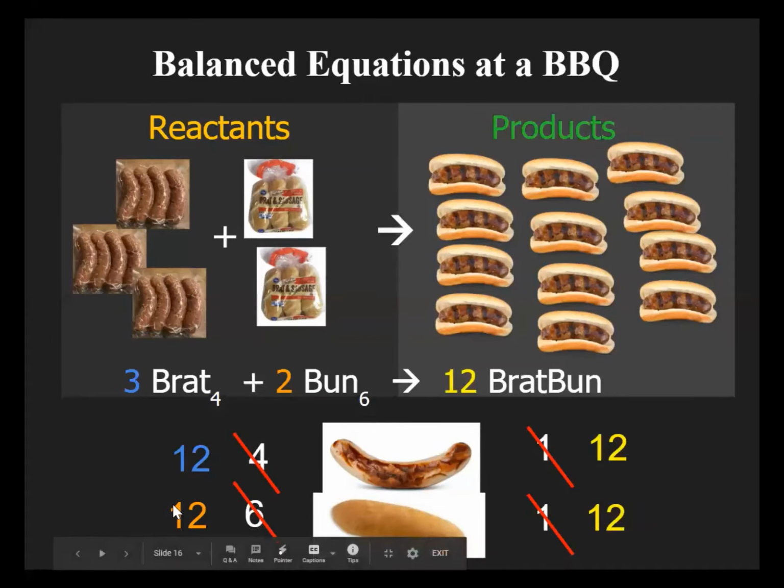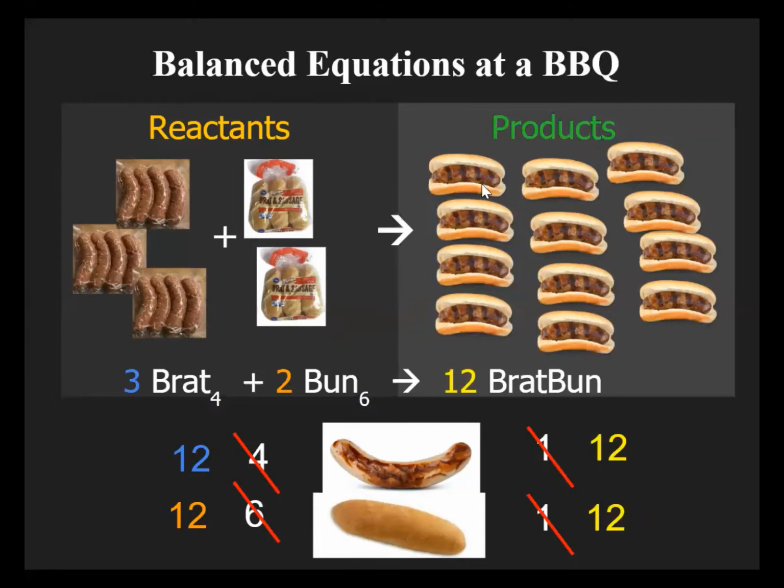And you see how if I have 12 brats on this side and 12 buns on this side, that means I can make 12 brat buns, which is very exciting, with no waste at all. There's no extra buns hanging out. There's nothing you have to somehow make a sandwich out of with some other thing, like putting potato salad in that bun, gross. And you don't have any leftover brats without buns.